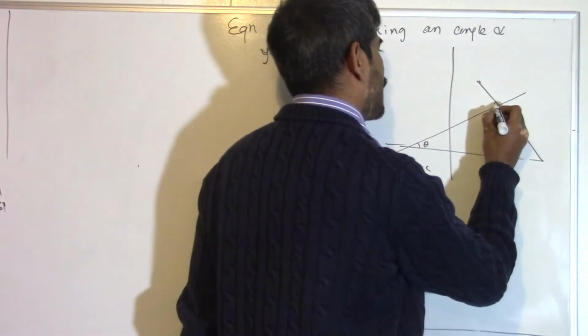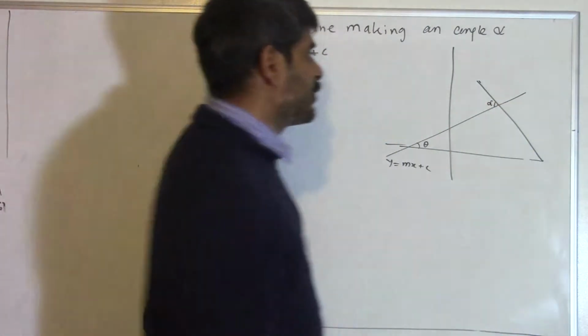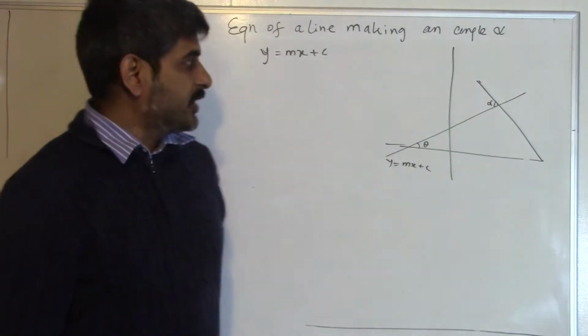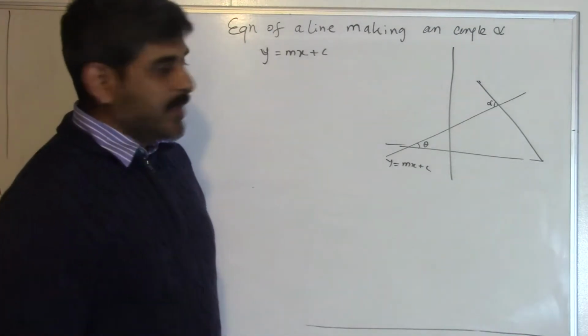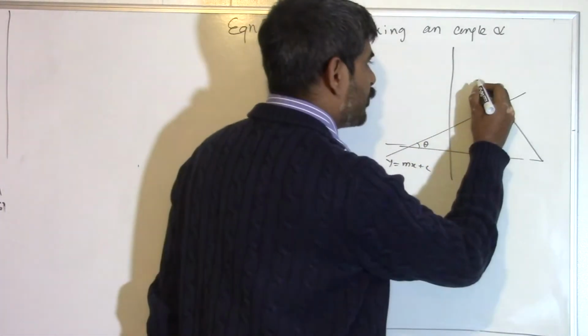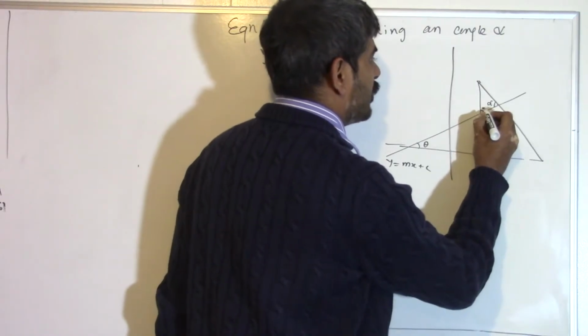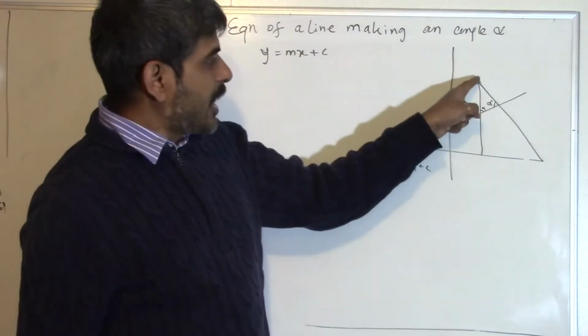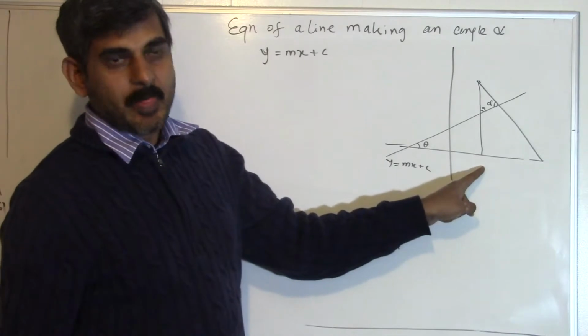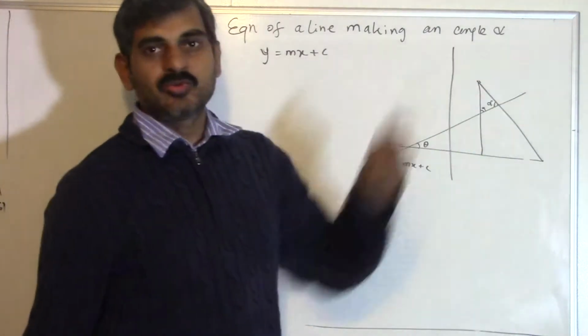Let's call this angle alpha. If I am required to find the equation of a line that makes a certain angle alpha, then in general there are two such lines. For example, this line is also making an angle alpha, and this line is also making an angle alpha with respect to these two lines.